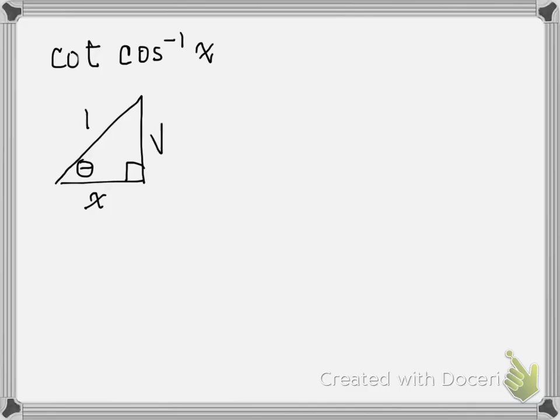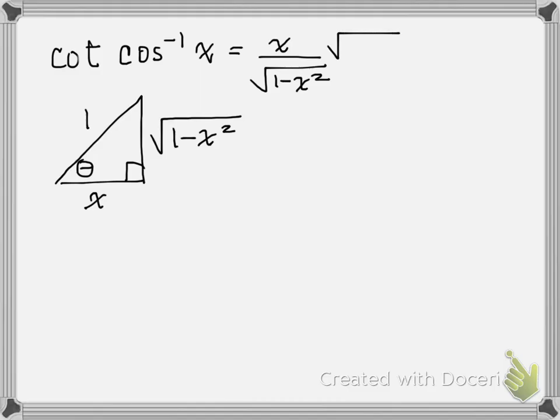And then this side would be the square root of 1 minus x squared. And then the cotangent is adjacent, which is x, over the opposite. And that's just the same as the one that we just looked at, right? Different functions, same result.